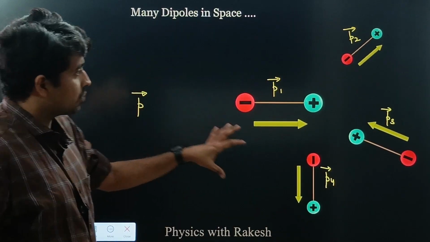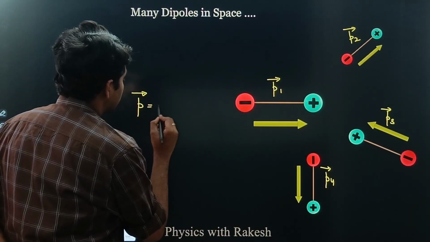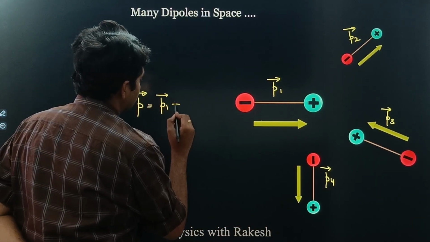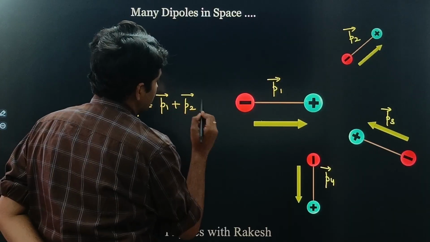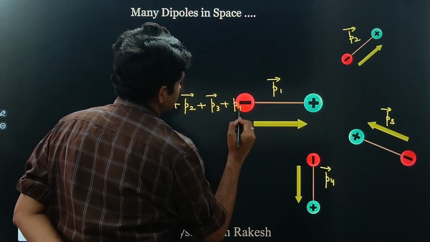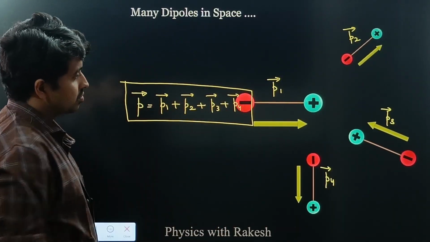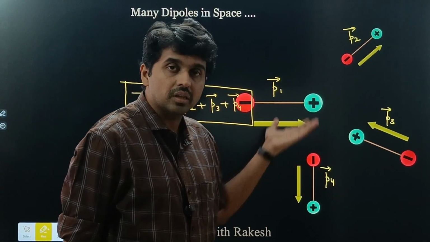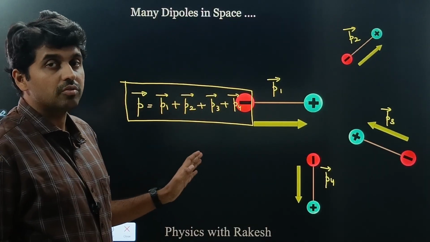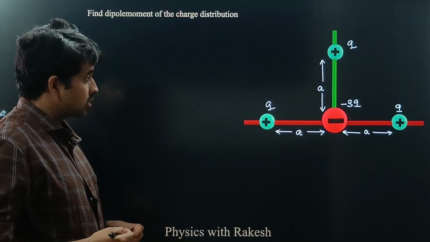So the net dipole moment of all these dipoles is P bar equals P1 bar plus P2 bar plus P3 bar plus P4 bar. It is a vector quantity, so it adds vectorially, and the net dipole moment is nothing but the vector sum of all the dipole moments. Let us move on to the next question.